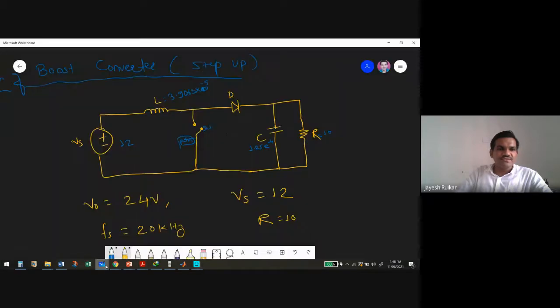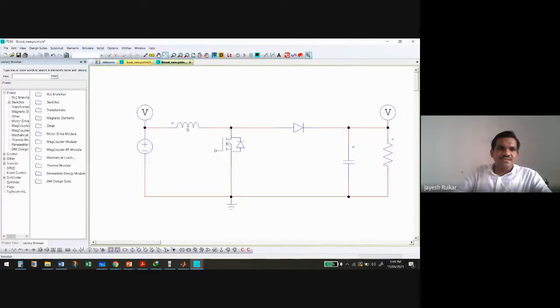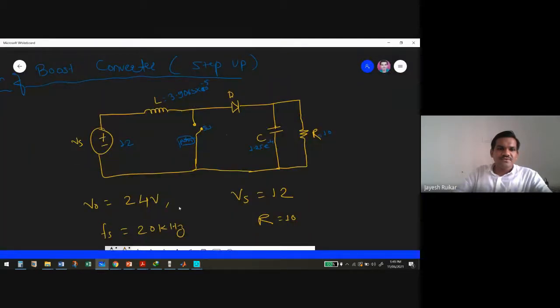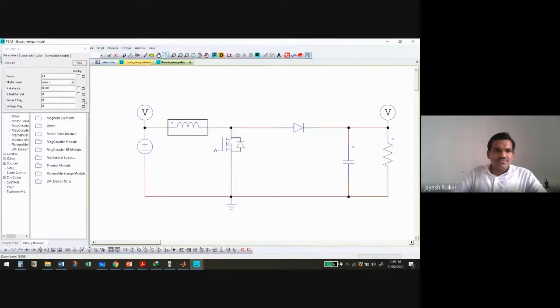Then the value of inductance is 3.9063 into 10 to the power minus 5. We will show this value and make it as L. This is also displayed.